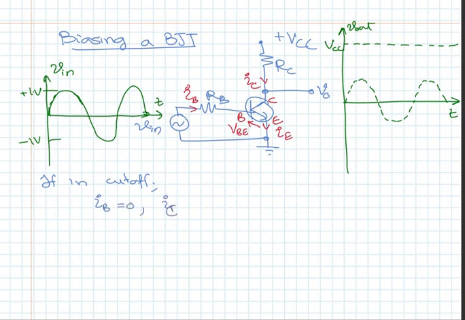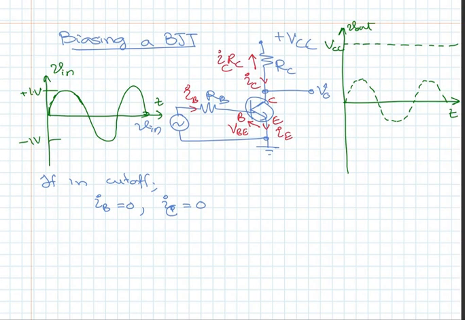Because of that, the voltage across this resistor, which is IC times RC, is 0, because IC is 0.